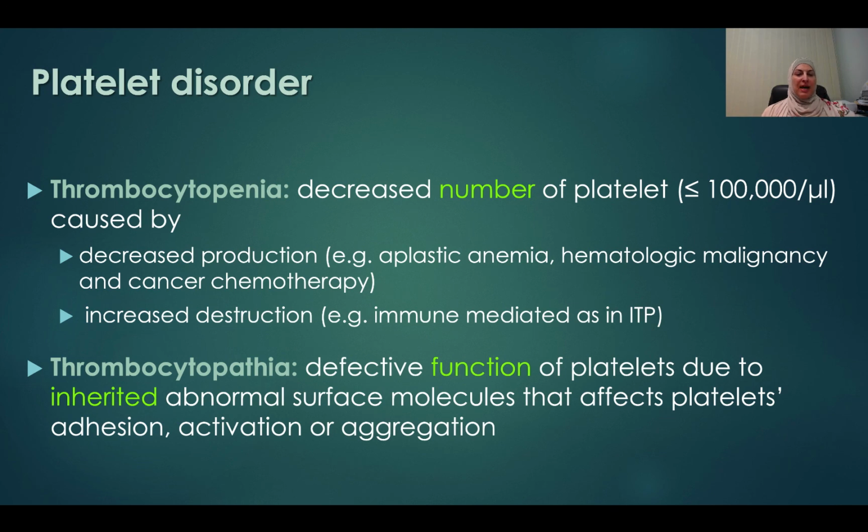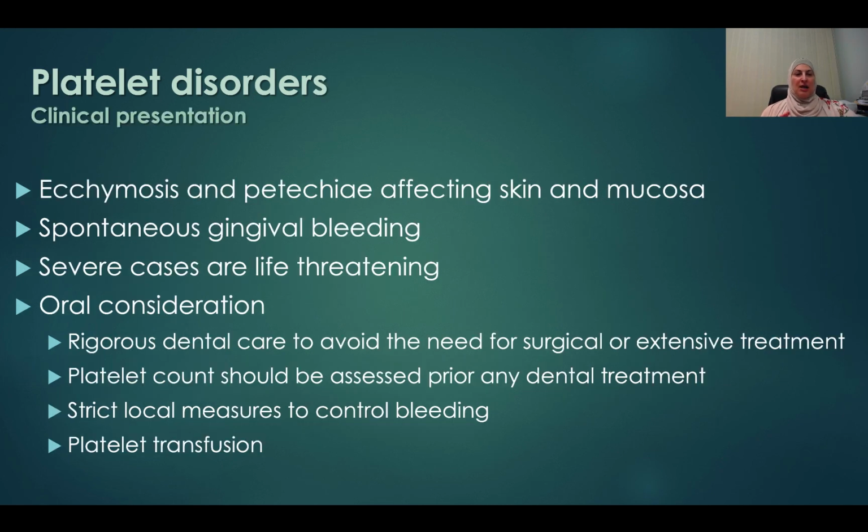In thrombocytopathia, there is a defect in the function of the platelets because of abnormal molecules on the surface of the platelet. So although the number of platelets is normal, the platelets cannot function normally; there's a problem in aggregation of the platelets or in adhesion of the platelets to induce clotting. These conditions are very rare, and usually they are inherited.